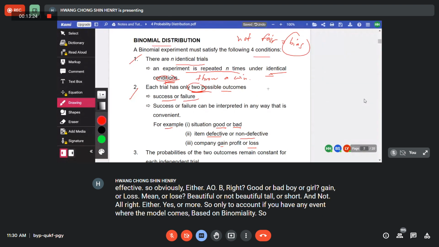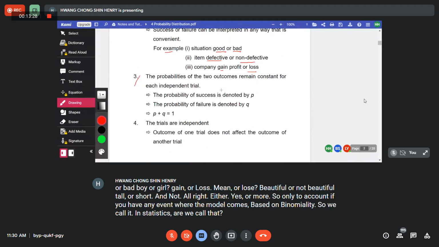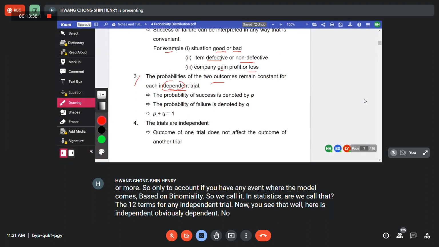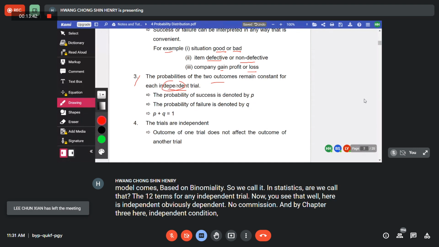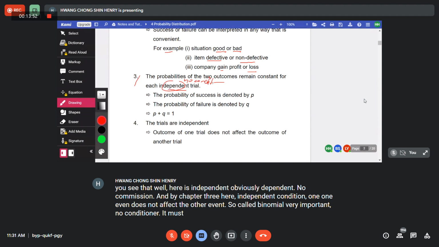So in statistics, we call that the two outcomes for any independent trial. Now you see the word here we use, independent. Remember chapter 3, we have independent: one event does not affect the other event. So for binomial, very important, it must be independent.